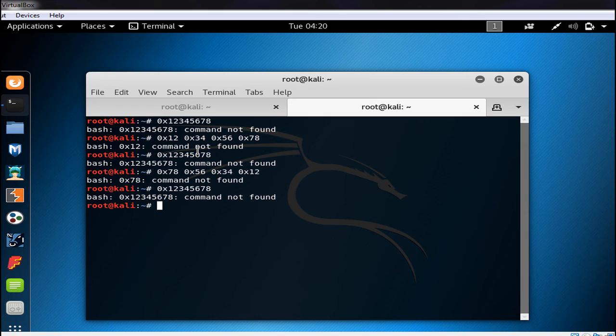The network byte order is always big endian. So whether a system works with little endian or big endian, when it gets to transferring information, the byte order would always be big endian.